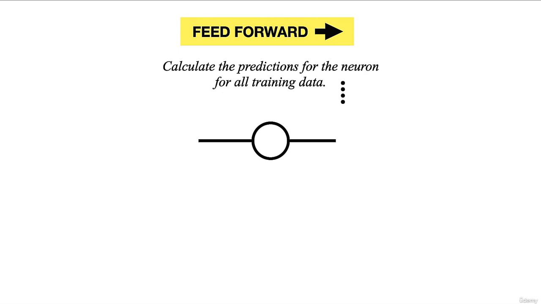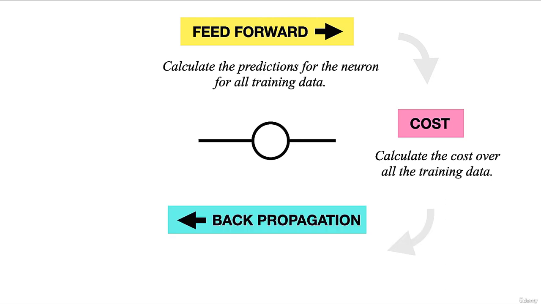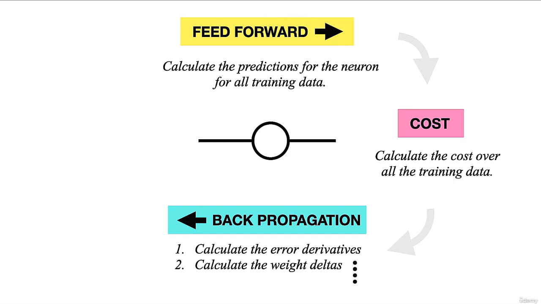Feedforward calculates the predictions for the neuron of all training samples. A cost is calculated over all the training data. The output is a single number. Then the backpropagation starts. It consists of calculating the error derivatives, calculating the weight deltas by multiplying each element of the error derivatives by an input value, and using the weight delta and learning rate to update the weight.